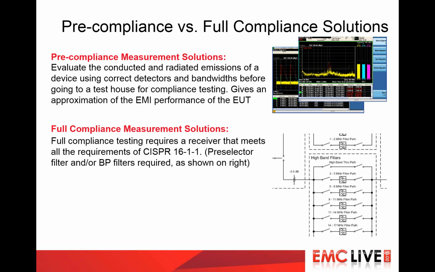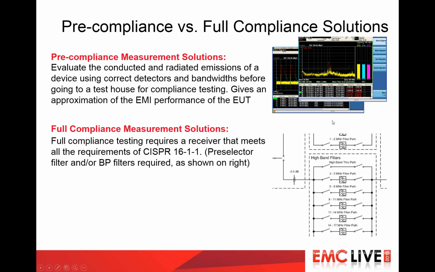So the pre-selectors, or these bandpass filters, as the instrument is sweeping across the frequency spans, these filters track along. And so you're just measuring the bandwidth and the signals of interest as these filters are kicking in. So you're not adding all the other noise into the measurement. Pre-compliance, you don't have that, but you still have the same measurement tool.